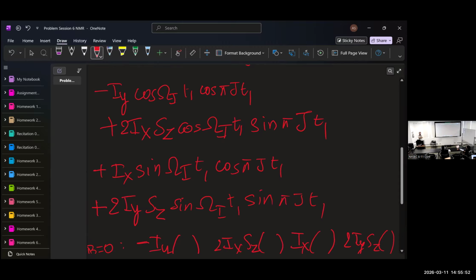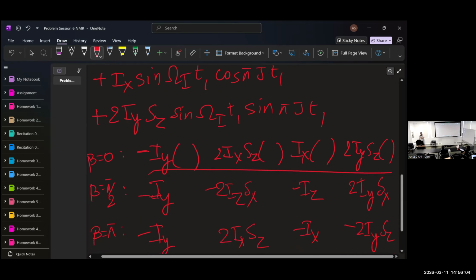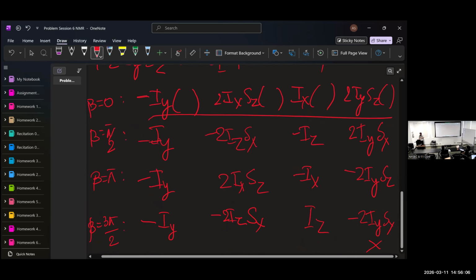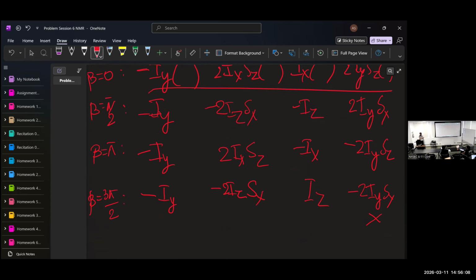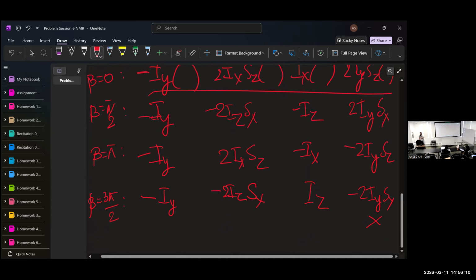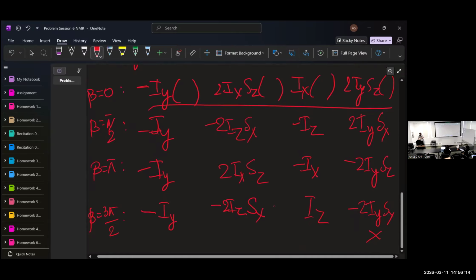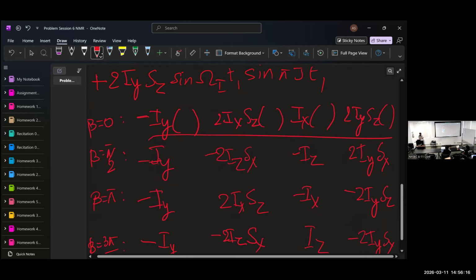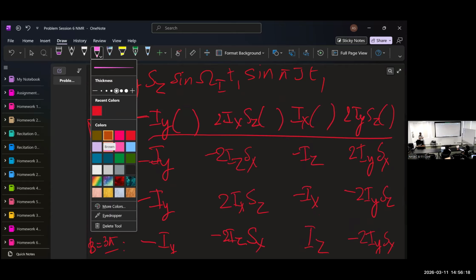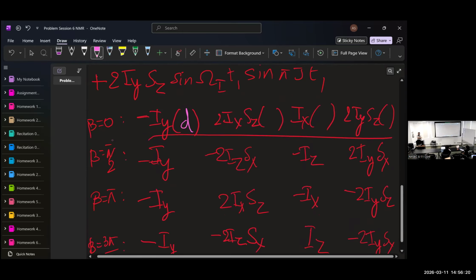Right, it's cosine omega I. And at the end of the experiment, this IY, what's the frequency going to be? Okay, so that's a diagonal peak. So if you scroll down, where your beta equals 0 line, why don't we put a D there in the parentheses for the IY? So we know that's a diagonal.